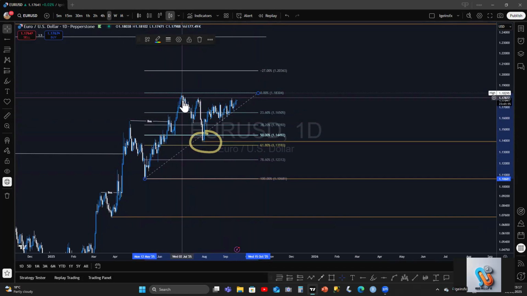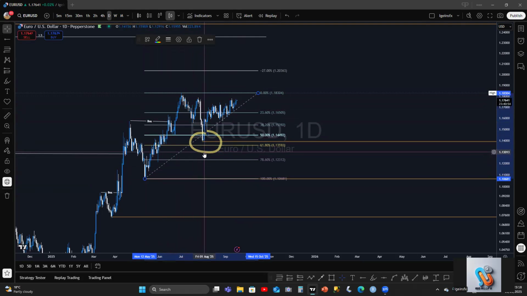If there's no pullback yet, you cannot apply the Fibonacci retracement tool, because there has to be a range of price from the low to the high before price starts pulling back.